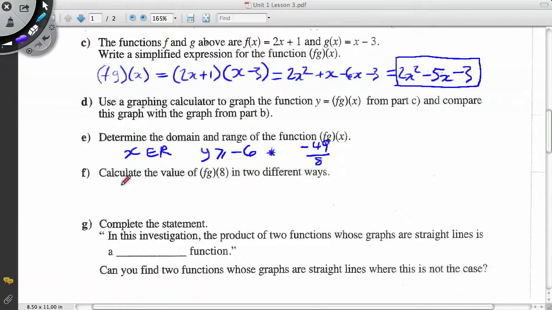Calculate the value of f of g when x is 8. So we're going to take this equation and substitute in x is going to be 8.